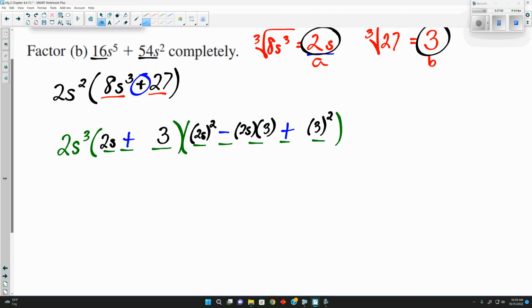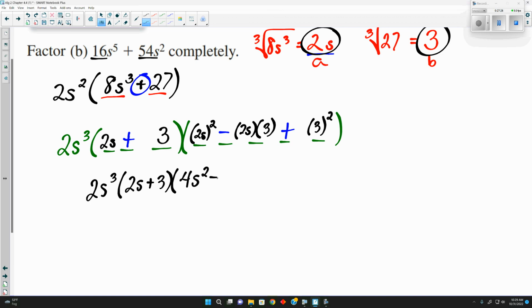So when we fully simplify this, we'll have 2s to the third times 2s plus 3. Now 2s squared, we have to multiply 2s by itself. So 2 squared is 4, and then we would have s squared.